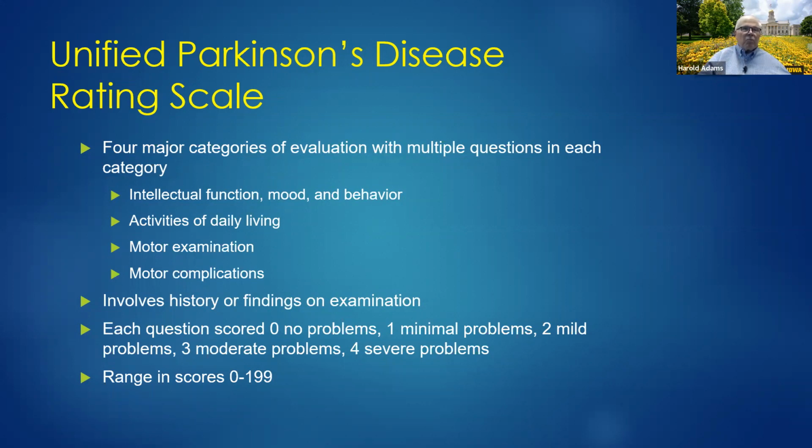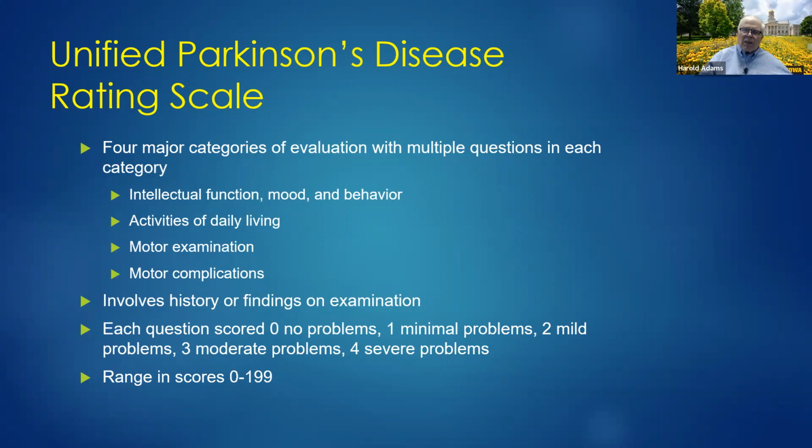Now, this makes it a little more complicated in mine, because you're going to look at motor examination, motor complications, etc. The other thing is that each item has a range from no problems all the way to severe problems, 5 items, and when you add it up with all these components, you get a range of scores from 0, which means there are really no issues with the Parkinson's disease, all the way up to 199. This gets to be a wide range of scores.